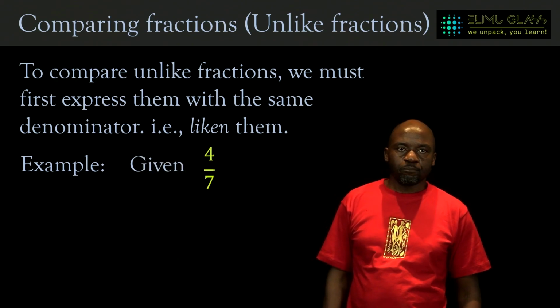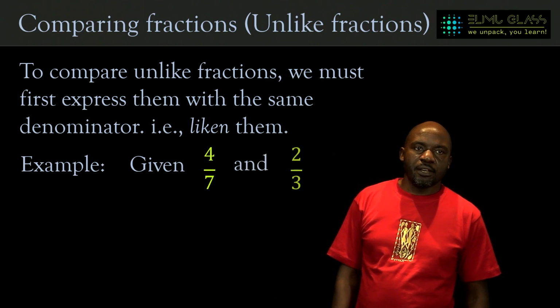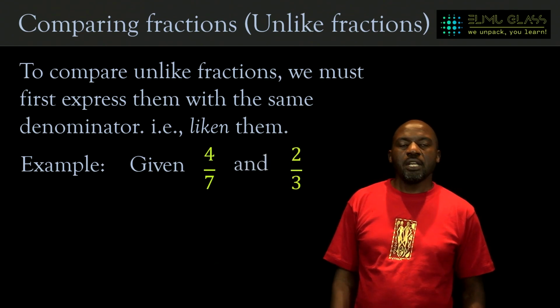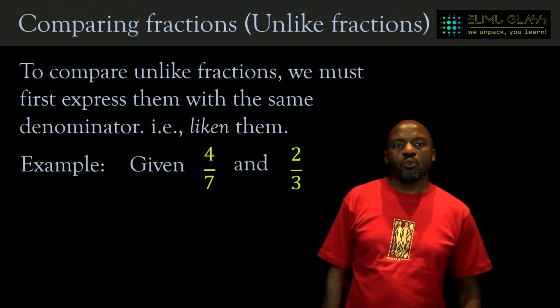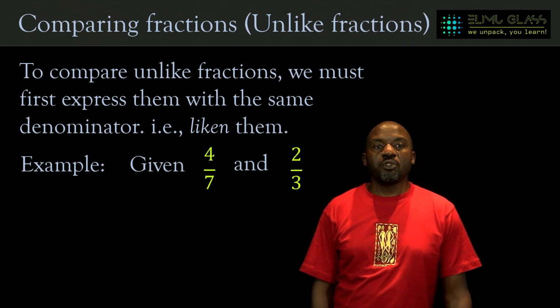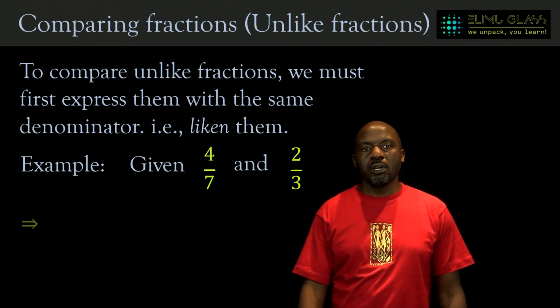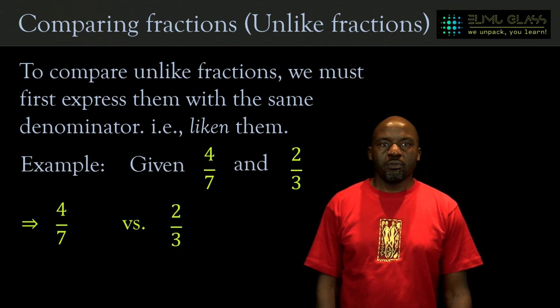We are given 4 over 7 on one hand, and the other fraction is 2 over 3. So clearly now these 2 fractions are unlike. How do we find out which fraction is bigger? To do that, we need to ensure that the fractions are like. So we will put them down, 4 over 7 versus 2 over 3.